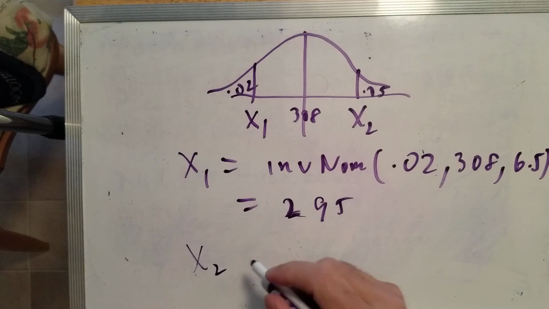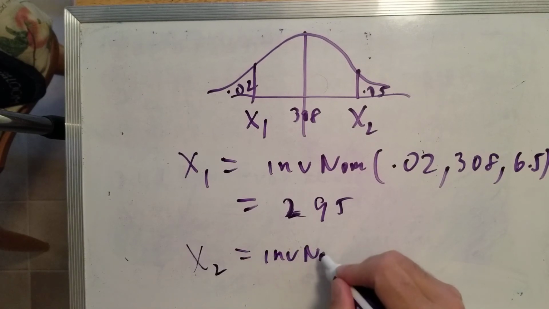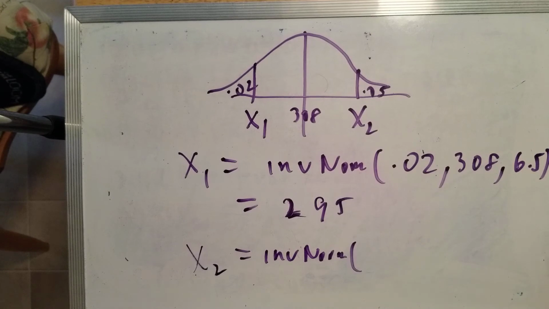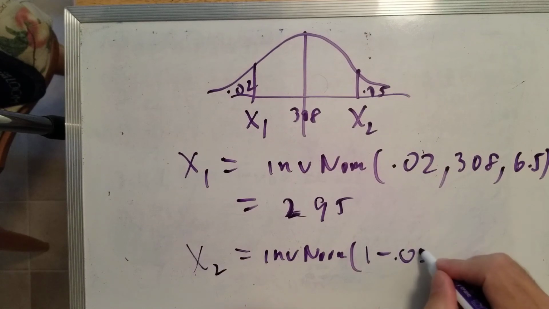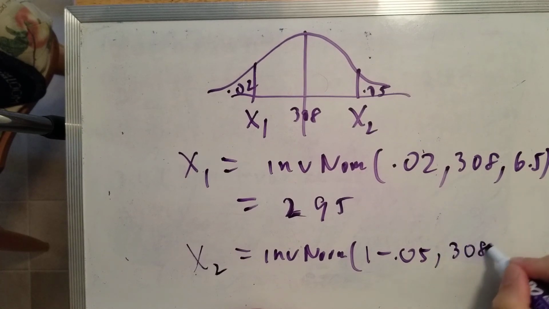which has area 0.05 to its right, is InvNorm. And when they give you the area to the right, you have to enter 1 minus that area. 1 minus 0.05. 308, 6.5.